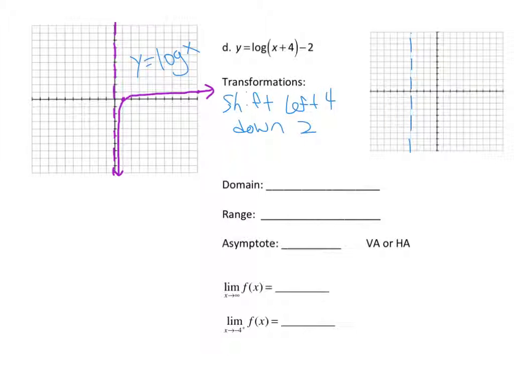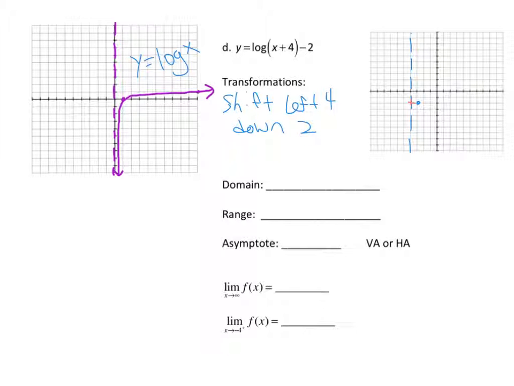My new starting place, if I imagine my origin moving to the left 4 and down 2, I get a new starting place about right here. And from there, my first point goes to the right 1. My next point goes to the right 10 from my starting place and up 1.